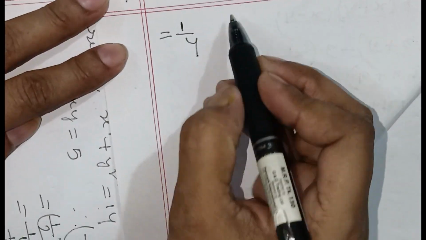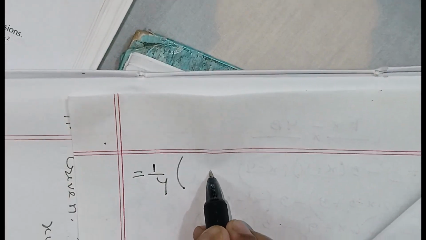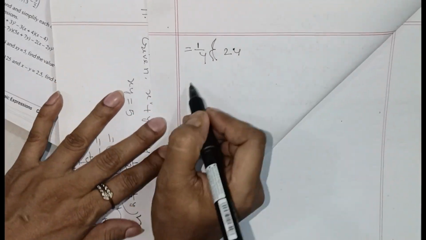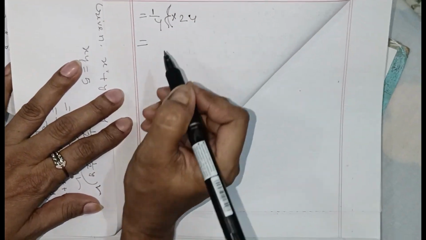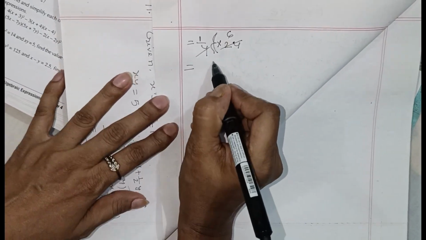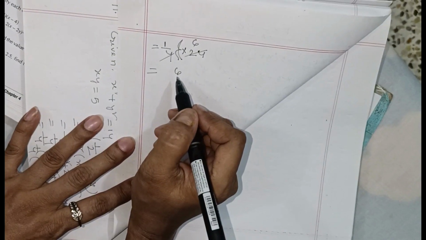So 1/4 of 24. Here no need to use bracket. 4 cut 24, that means 4 6s are 24. That's it. This is the answer.